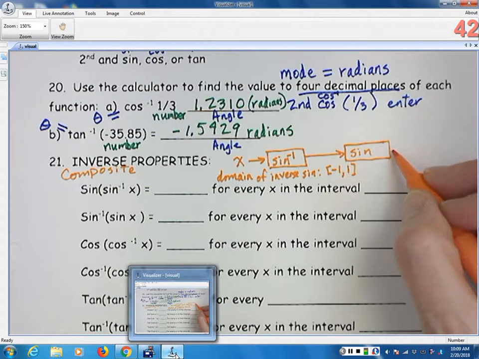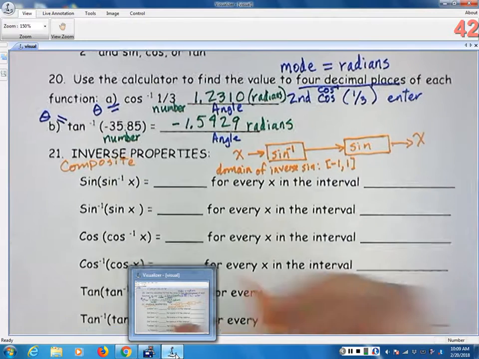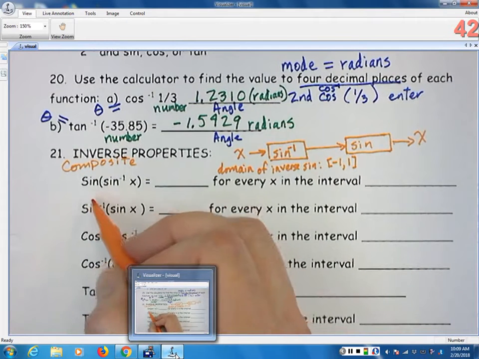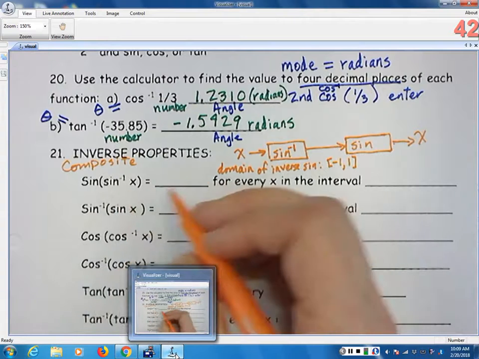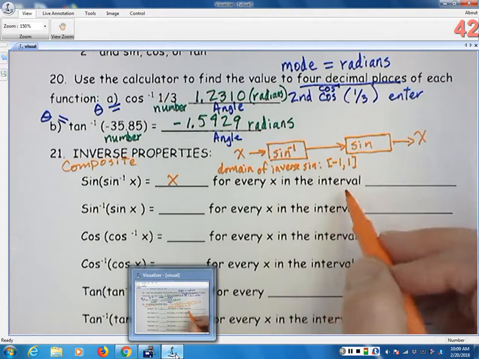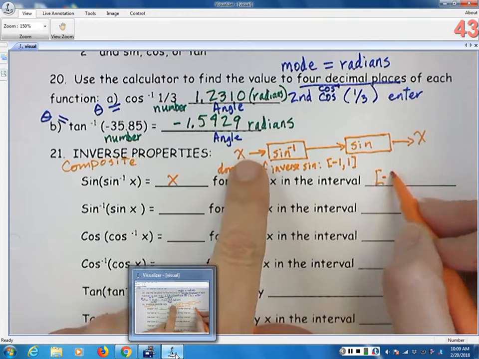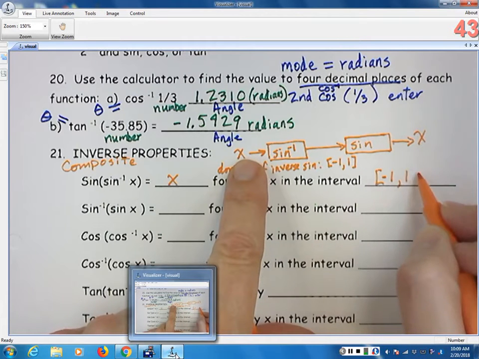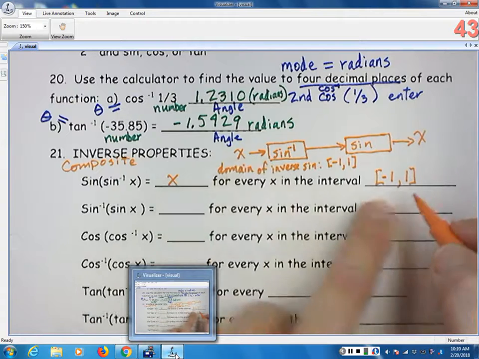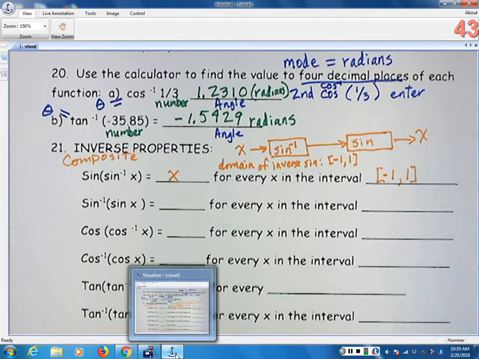And then we get x back out. So if you take sine of the inverse sine of x, that will equal x, for every x in the interval we're restricted to, the domain of this, -1 to 1. So we have to be in that interval for it to work.